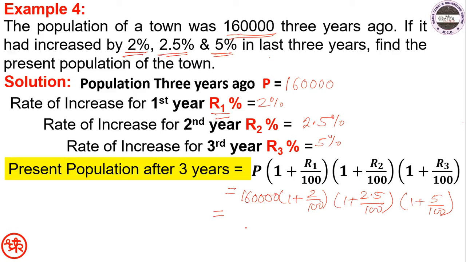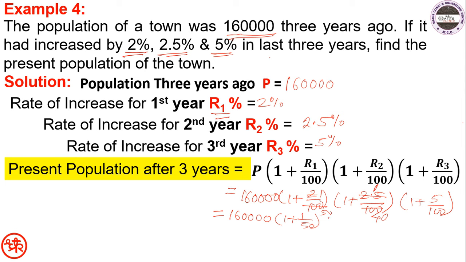Okay, that is equal to, look here, 160,000 (1 plus 1 by 50), equal to 2 1s are 2, 2 50s are 100. Right, and 25 for the 100. Is that clear? So it is 40, 1 by 2.5, and it is 40.